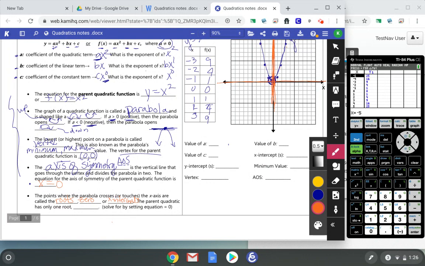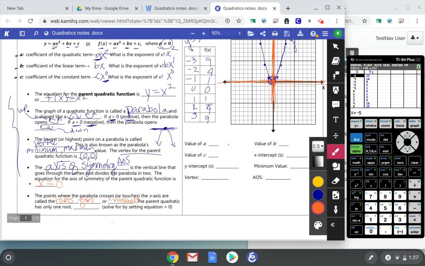So we wanted to know, what are the x values when y is 0? What are the x values when you cross the x-axis? That is what the roots, the zeros, and the x-intercepts are. If we look at our parent quadratic, this one is only crossing the x-axis at one point. So in this particular problem, there is only one root, and that root is 0.